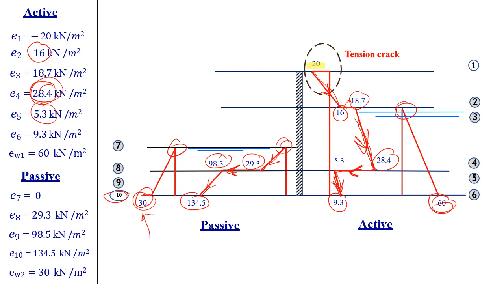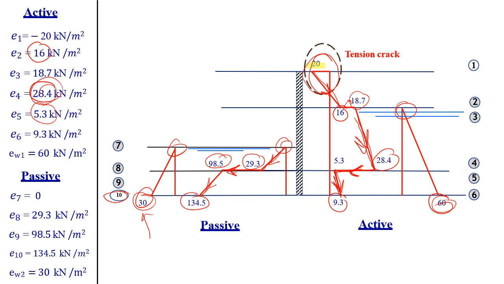A very important comment you have to consider in your problem here is that we have a zone of negative earth pressure, negative active earth pressure. We said that we normally have a negative value of active earth pressure at the very top near the ground level if you have a clay layer.